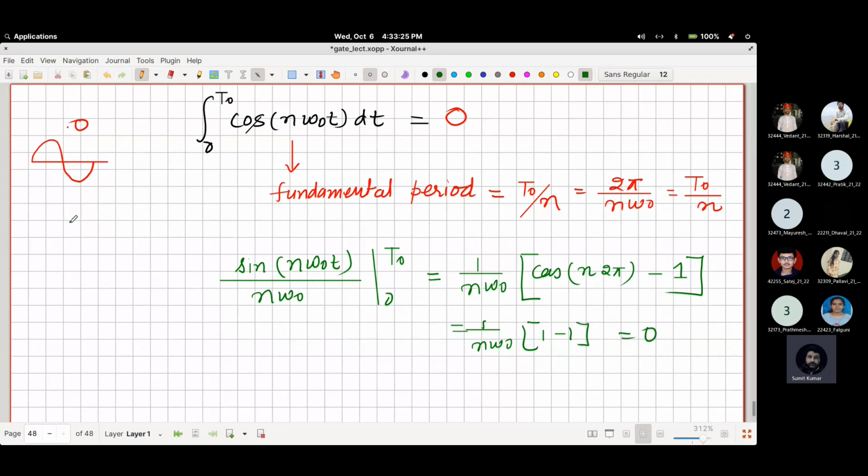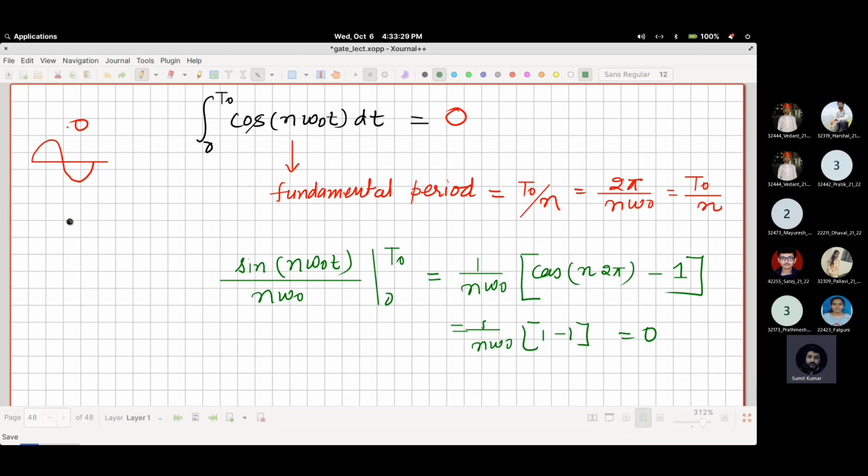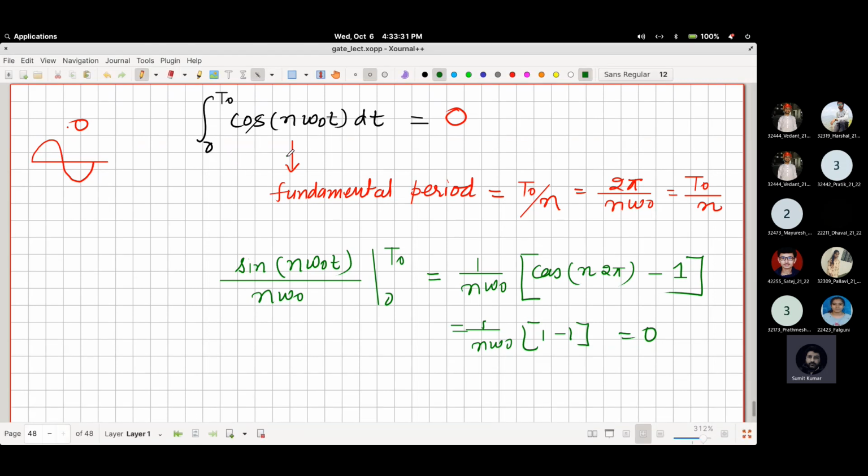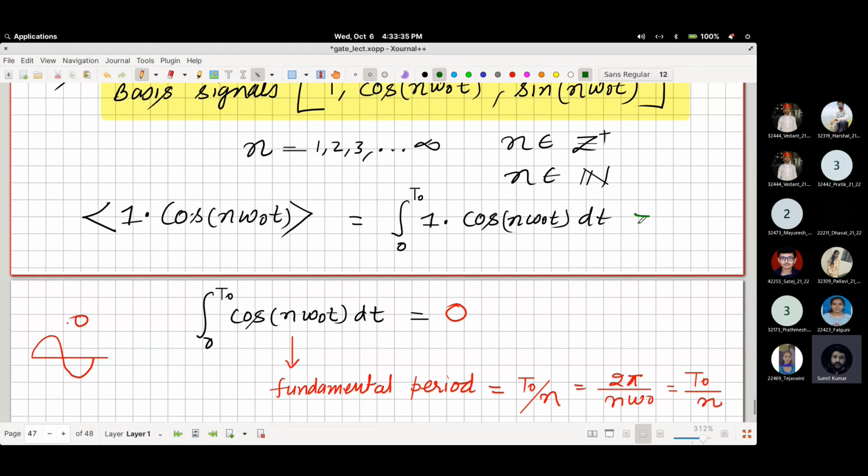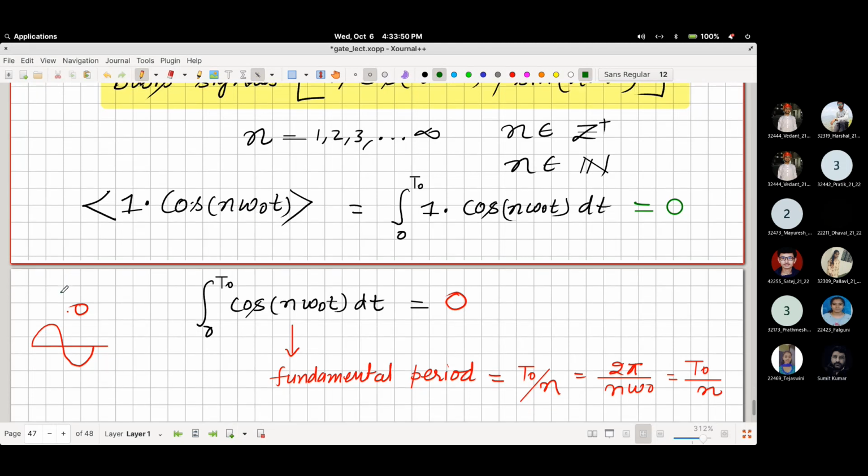So no matter how you are going to do, you will be arriving at the same result, and that is 0. But what does this imply here? So this means this term is equal to 0, isn't it? Right? और ये टर्म क्या है? 1 और cos n omega naught t का क्या है? डॉट प्रोडक्ट है, राइट?